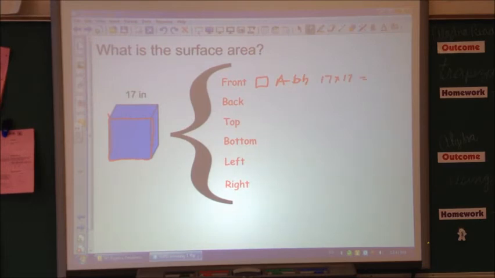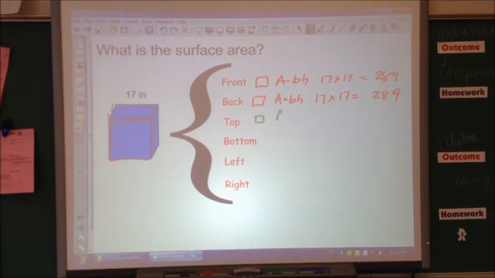And when we stick that into our calculator, we get 289. Well, the back is the same, so I'm just going to copycat that. And yes, you have to write it all down. And the top is up here, and when I trace over the top, it is also a square.